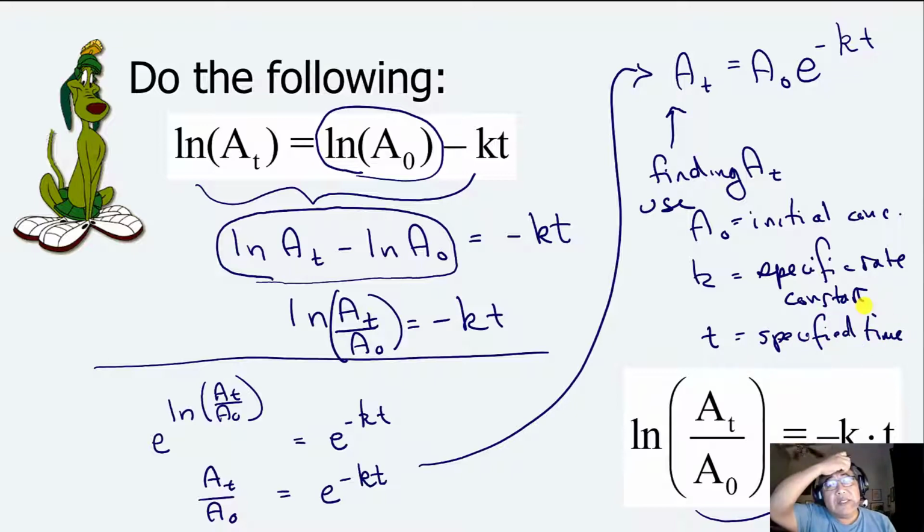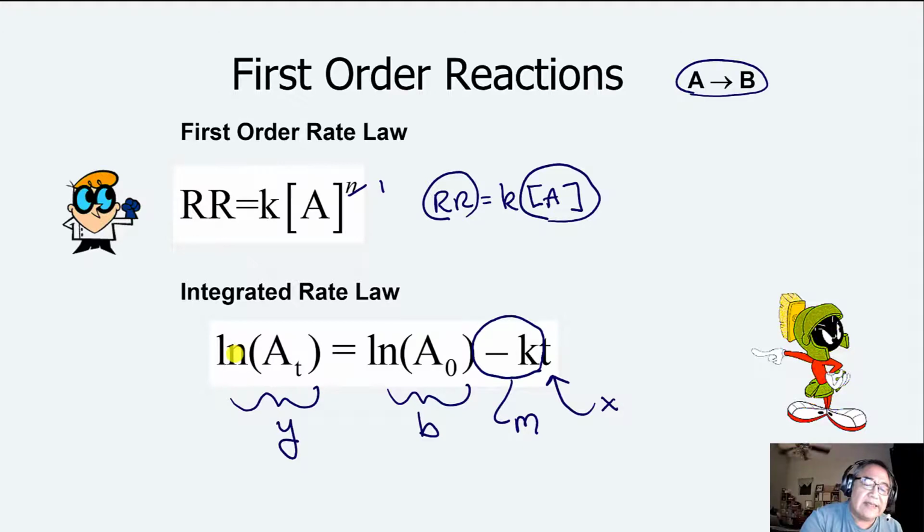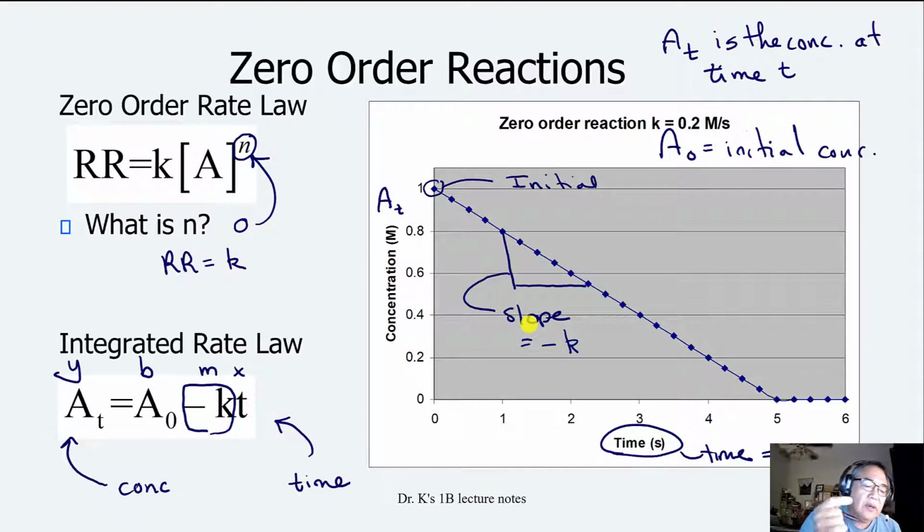There's similar equations. Okay, so back up for a second. Looking at zero order equations, that's exactly what you would do. If you wanted to know what the concentration of A was at some time later, you would plug in A0, you would plug in k, and then the specified time, and that would allow you to calculate At.